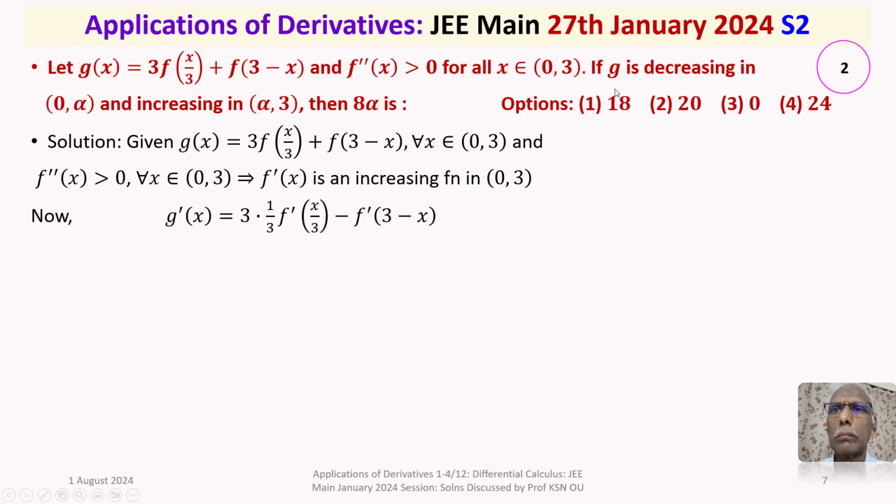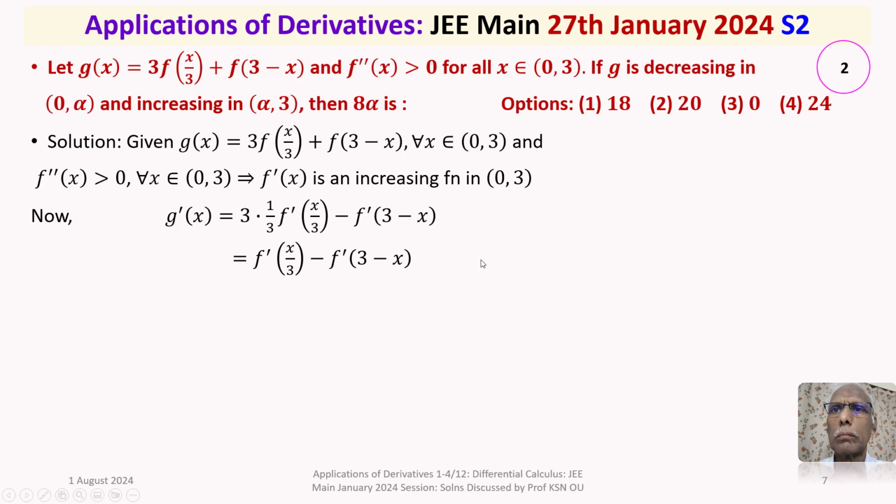Now this question is basically to discuss its increasing and decreasing nature in the interval 0 to 3. So for that, for increasing and decreasing nature, we calculate the first derivative. That is g prime x is equal to f prime of x by 3 minus f prime of 3 minus x.